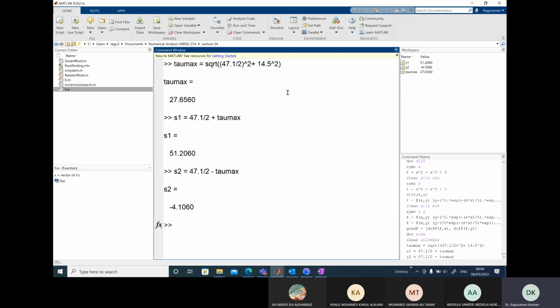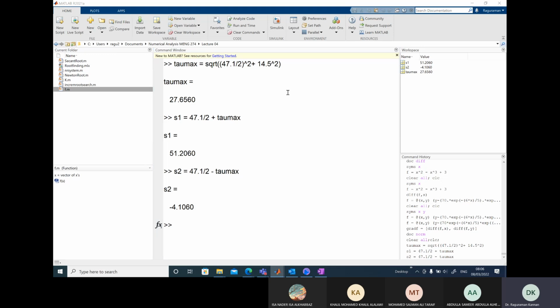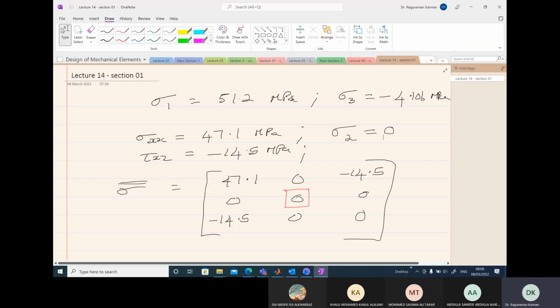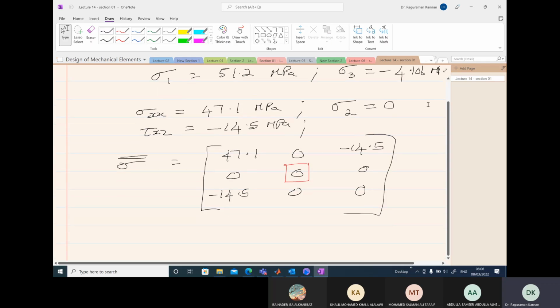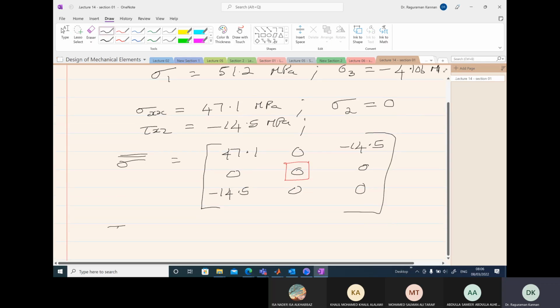Tau max is 27.656. So if you check sigma 1 minus 3 over 2, you will find it is equal.